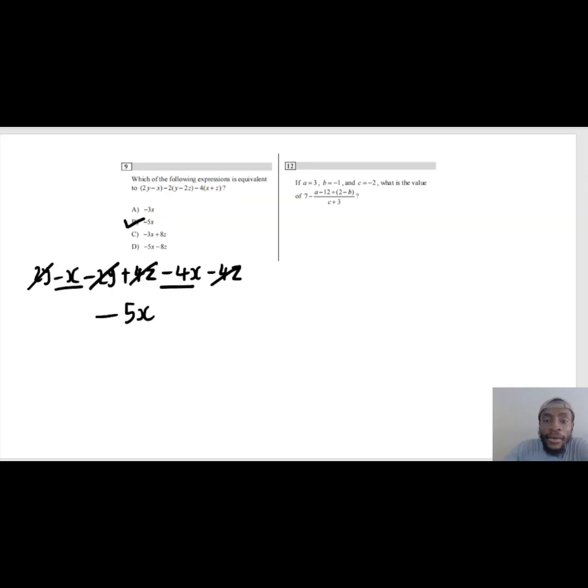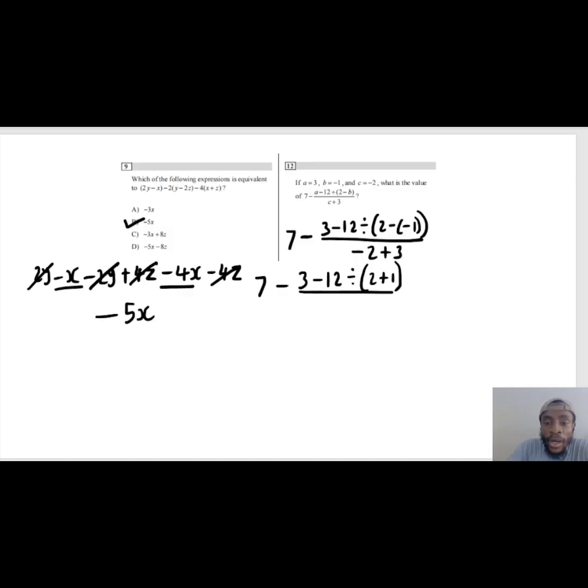B. And finally, we have 7 minus a is what? 3 minus 12 divided by 2 minus 1, which is b, over c minus 2 plus 3. That will give us 7 minus 3 minus 12 divided by 2 plus 1 over, what is minus 2 plus 3? That's 1.